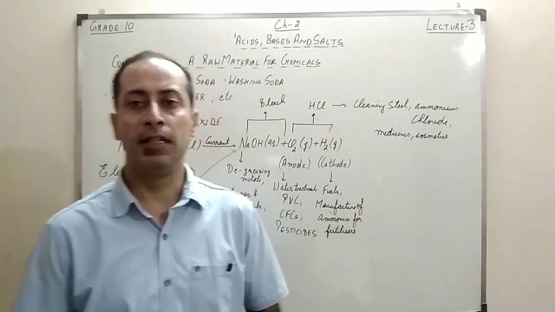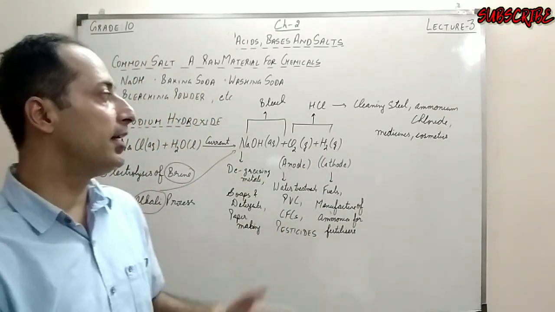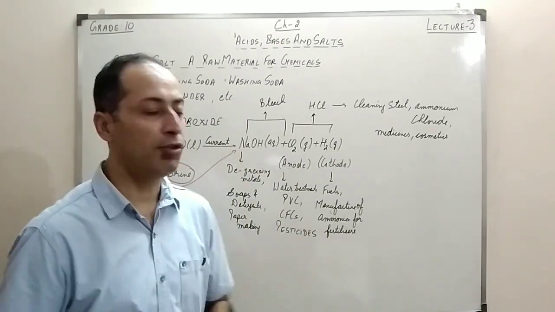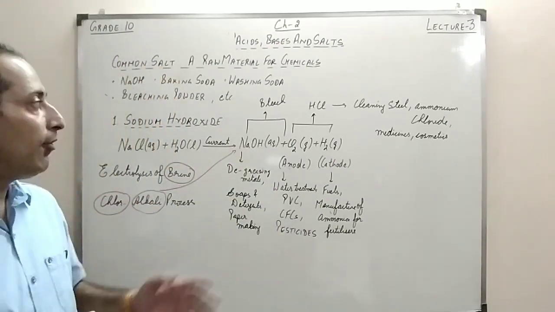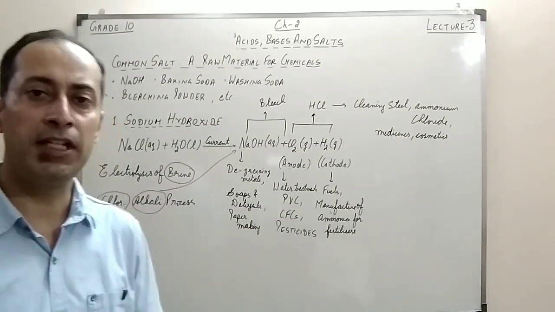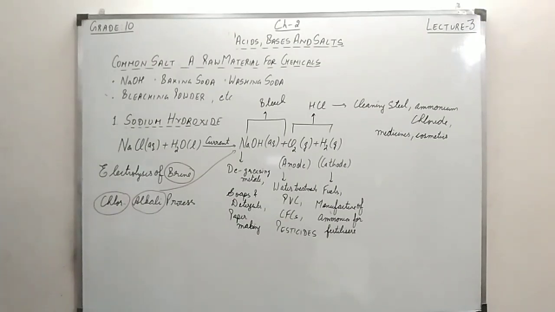Many medicines contain hydrochloric acid, and it is used in many cosmetics also. When we combine sodium hydroxide and chlorine, it forms bleach, right? It helps in the formation of bleach, which is our next compound in the series of raw materials we get from common salt.